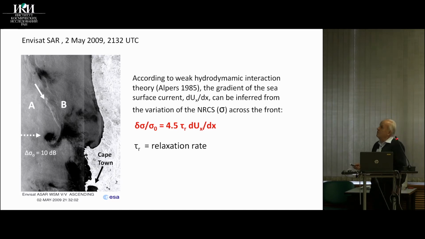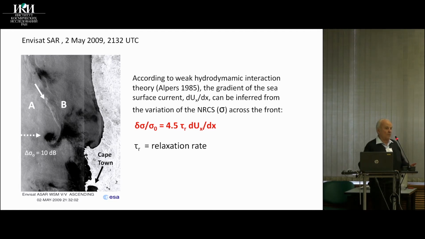So this is an old theory, more than 30 years old. It is weak hydrodynamic interaction theory, and it describes the variation of the Bragg waves that are responsible for the radar backscattering by a variable current.